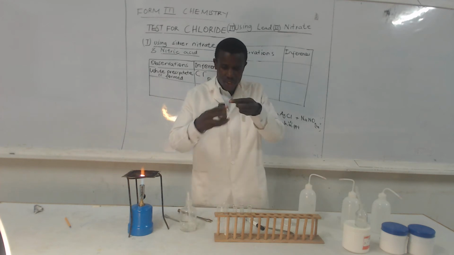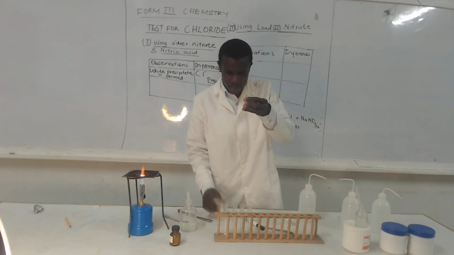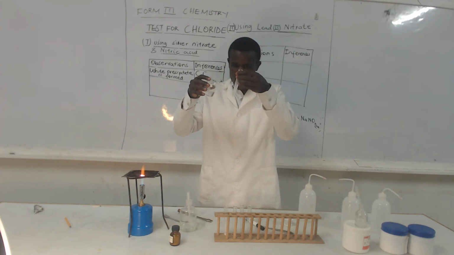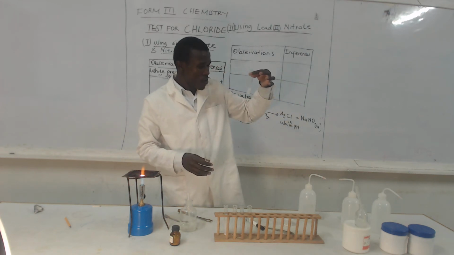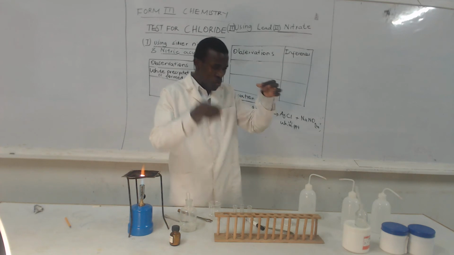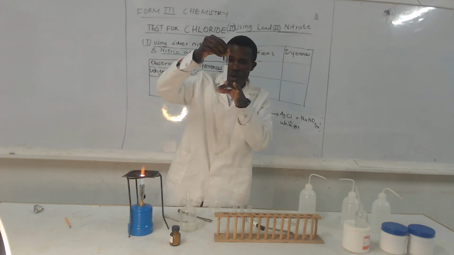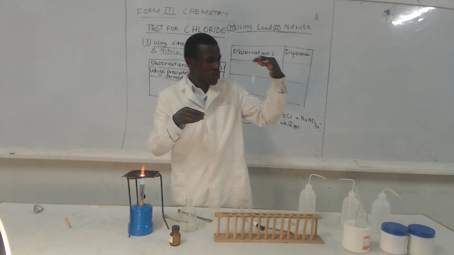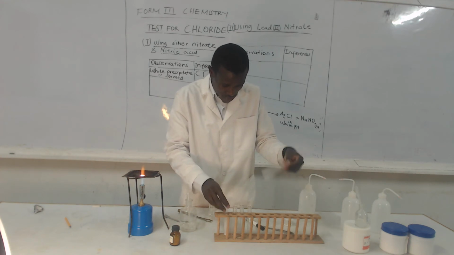We add silver nitrate. And you can see there is no formation of a white precipitate. You can compare the two. You can see we have a white precipitate formed here, and for this there is no formation of a white precipitate.